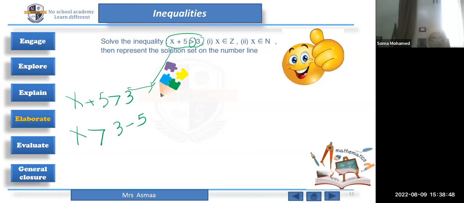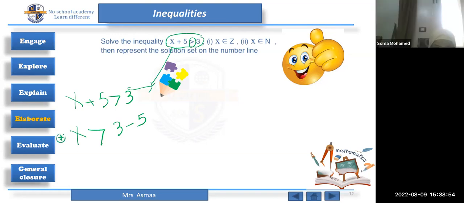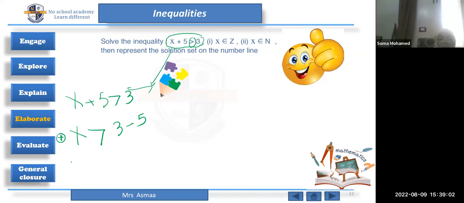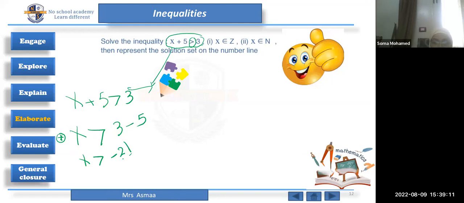Wait, and then I will answer your question. Okay? But continue now. x, which is more than 3 minus 5. So the x which is more than what? Minus 2. Okay, negative 2.